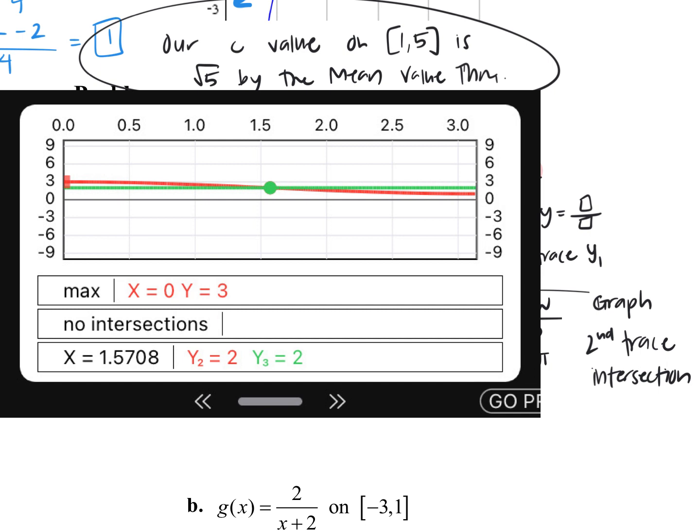We want to figure out where those points cross on the graph. And then you'll get a decimal answer, but that decimal answer is actually pi over 2. So you have your intersection as pi over 2 comma 2 from your graph.